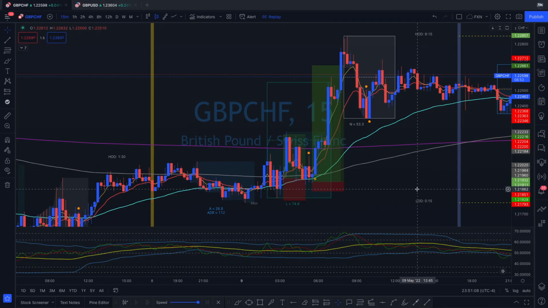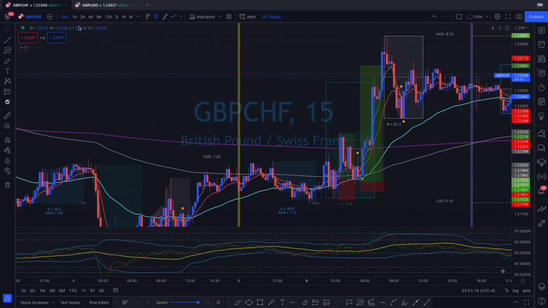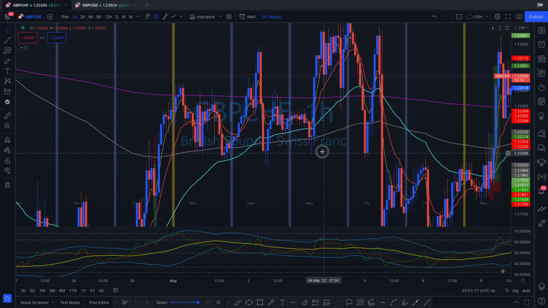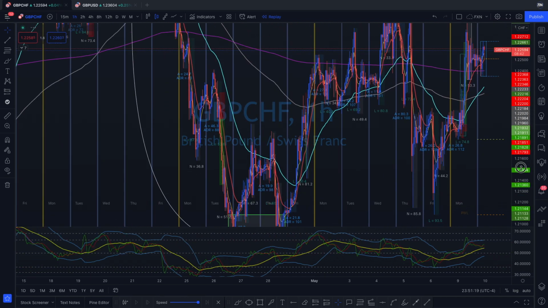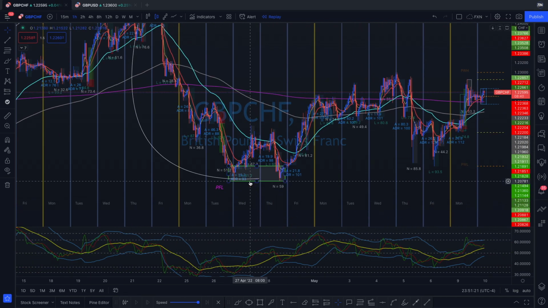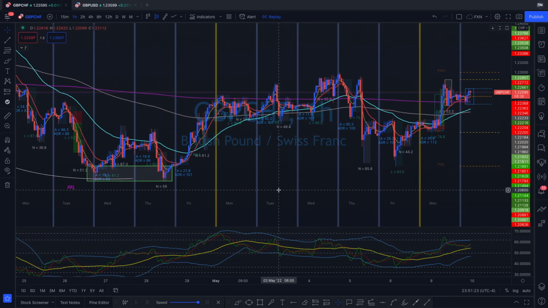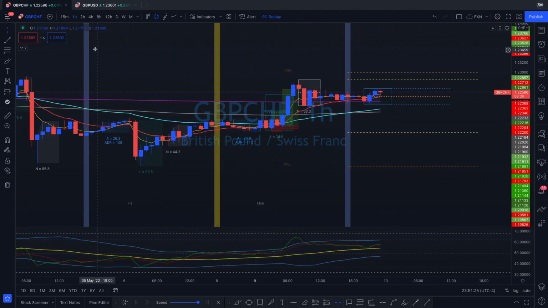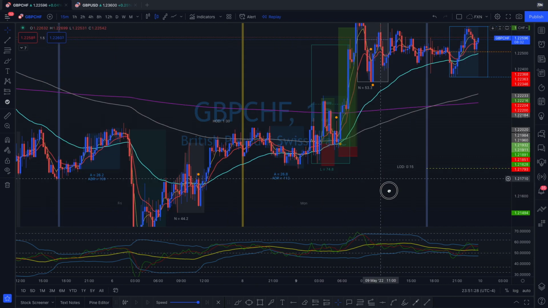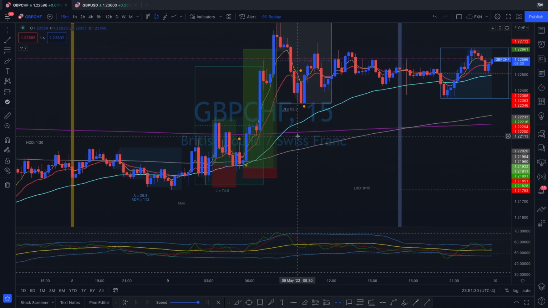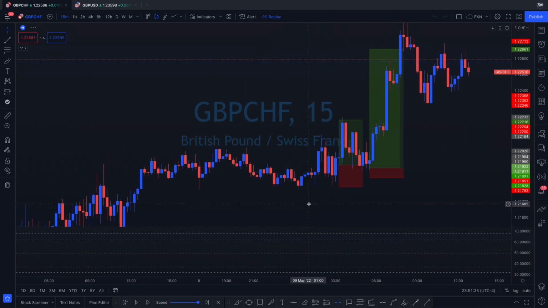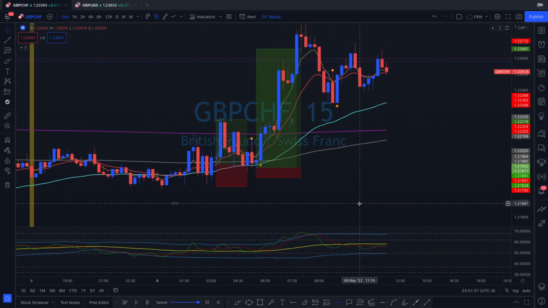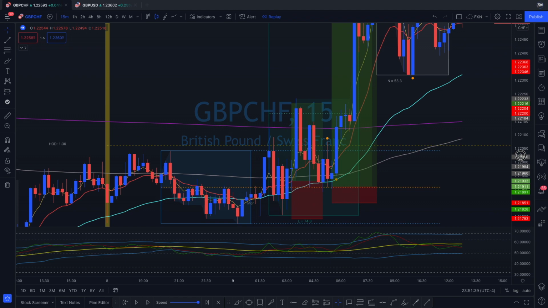Alright guys, so the first trade setup was on pound Swiss. First things first, let's go over to the 1 hour chart real quick so I can show you this. You can see that we're coming off of a peak formation low, so we're looking for buys. Right, so I'm only interested in looking for buys. We end up coming to this session here, yesterday's London session, and basically what do we get?